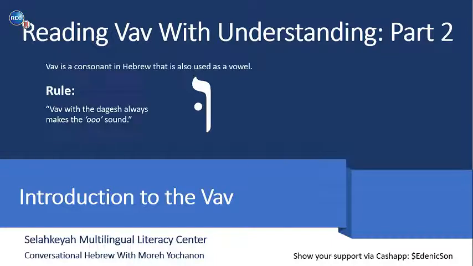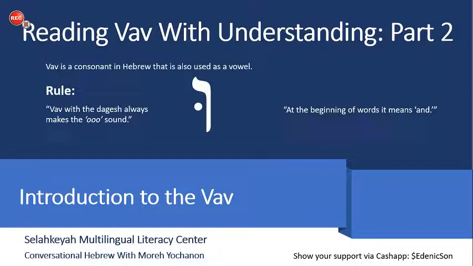So there's no need to think that they will put the Dagesh on the Vav and they won't put the Nikud on any of the other letters. If you see the Dagesh next to the Vav, you'll probably see the entire Nikud on the entire writing. Okay.